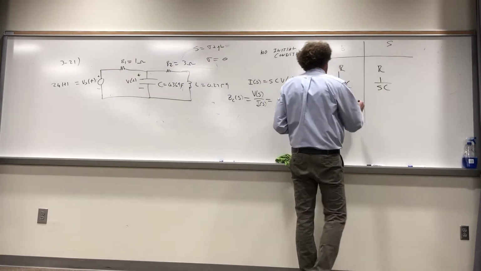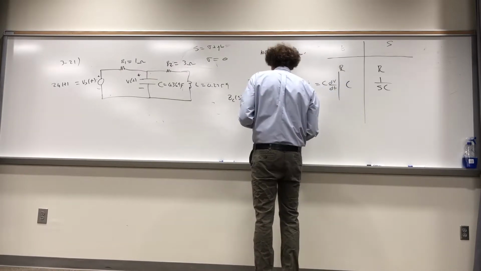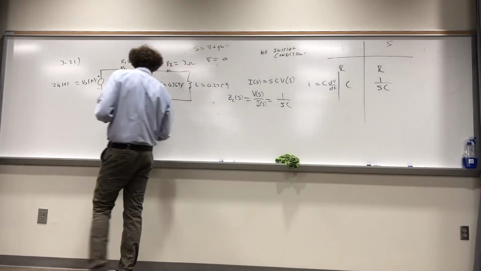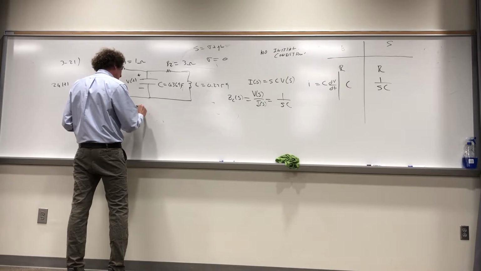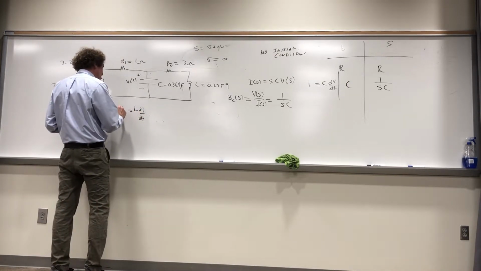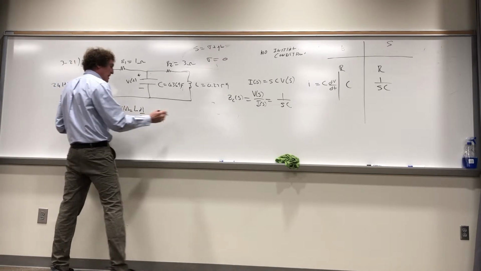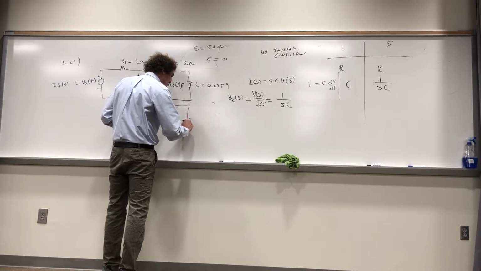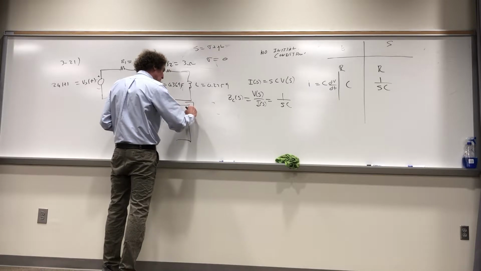Now, if you have an inductor, remember for an inductor, I'll do it here. It was L times di/dt equal to the voltage across the inductor, V of t. And I'm being a little sloppy with this because we're electrical engineers. You've had this. You know what an inductor looks like.